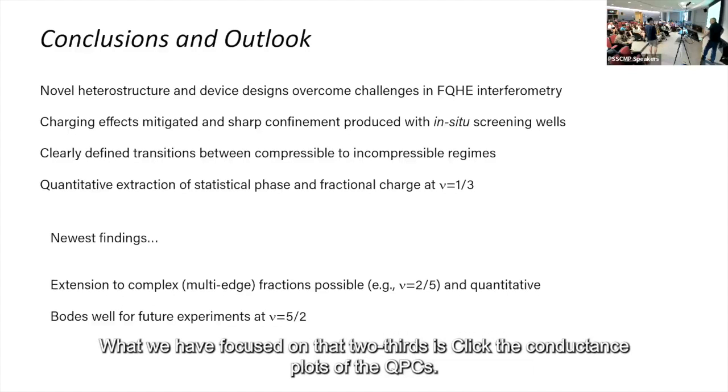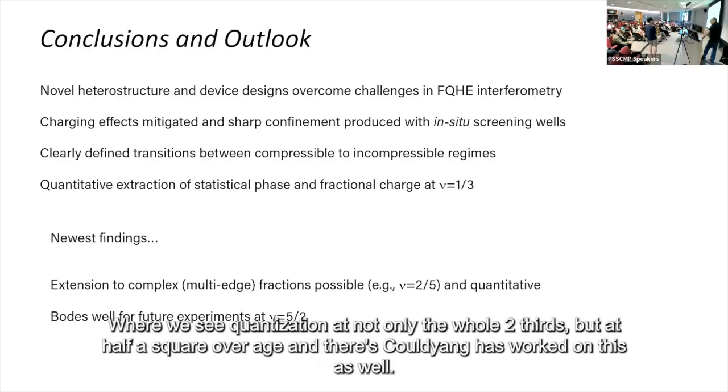What we have published on 2/3 is the conductance plots of the QPCs, where we see quantization not only at the full 2/3, but at half e²/h. Kunyang has worked on this as well.